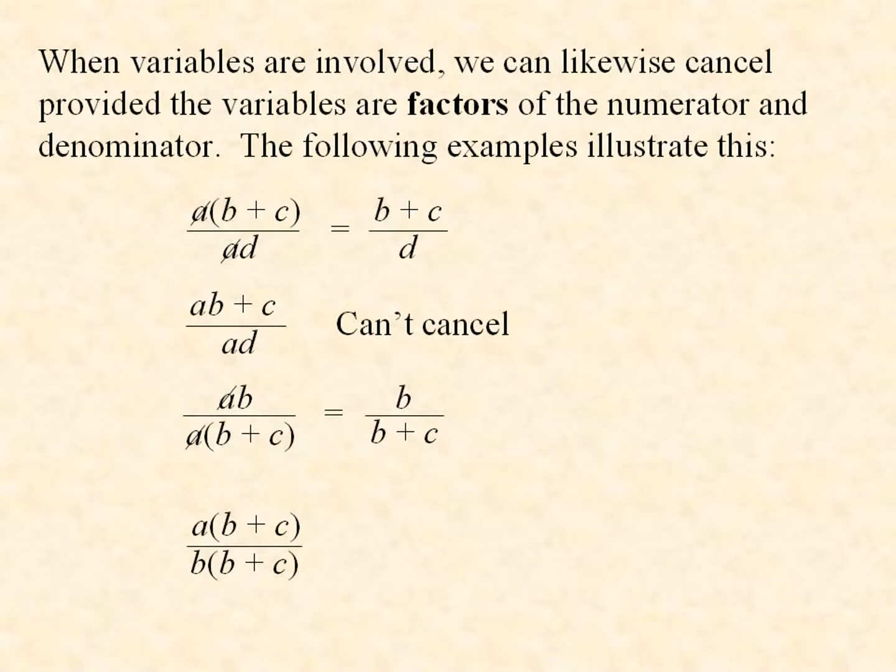How about this one, a parentheses b plus c over b parentheses b plus c? Can we cancel anything there? The b plus c is an entire factor. It's the same in the numerator as it is in the denominator, so we can cancel it, and this is equal to a over b.